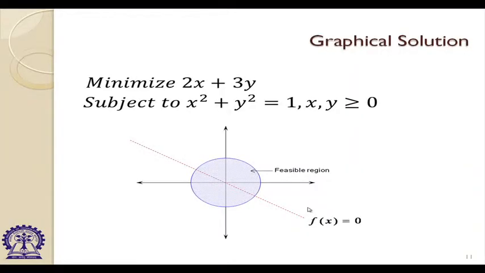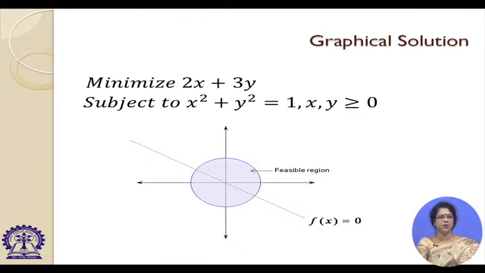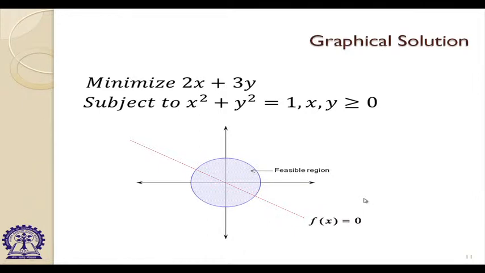Okay. Now we are trying to find the minimization of 2x plus 3y. Now my line is moving. This is f(x) equal to 0 at the point x equal to 0, y equal to 0. Now the function moves this way; if I move this way the functional value will increase, and if I move this way the functional value will decrease. That you know from your mathematical knowledge.